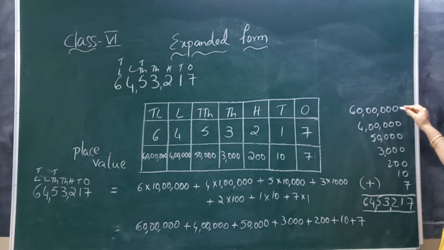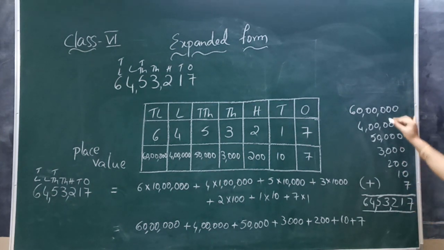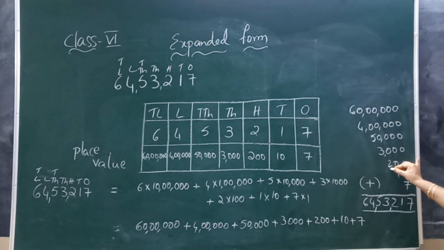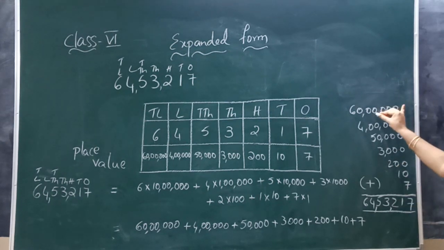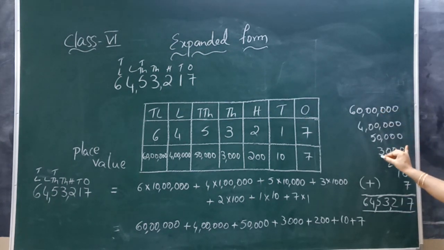Now in the ones place, what is the number we got here? 0, 0, 0, 0, 0, plus 7. So the number is 7. Next, add in the tens place: all we got is 0, only the last number we got 1. So 1. In the hundreds place, we got 2. In the thousands place, by adding all the numbers we got 3.